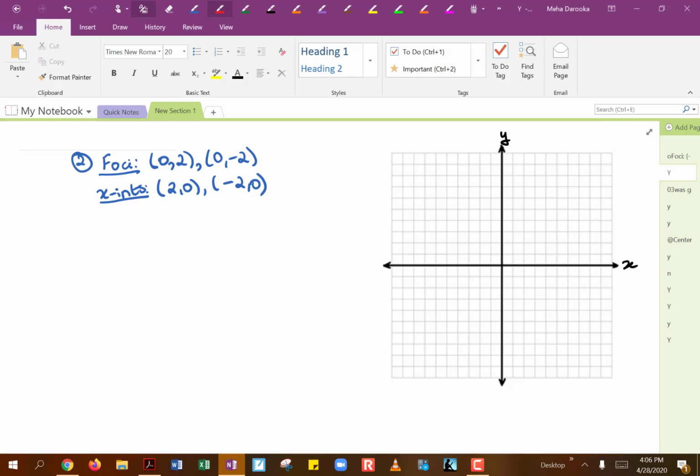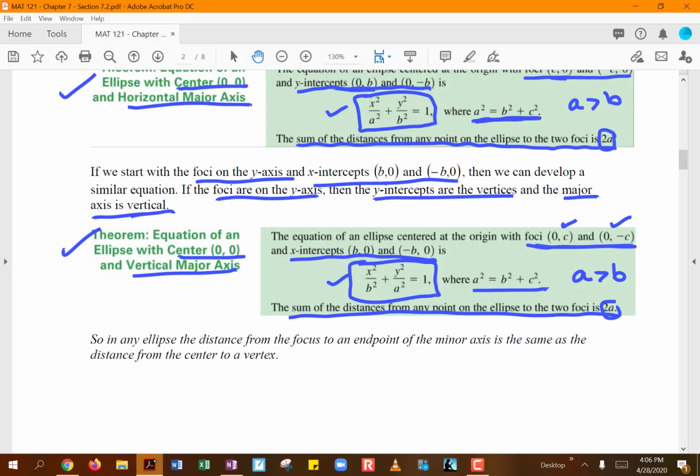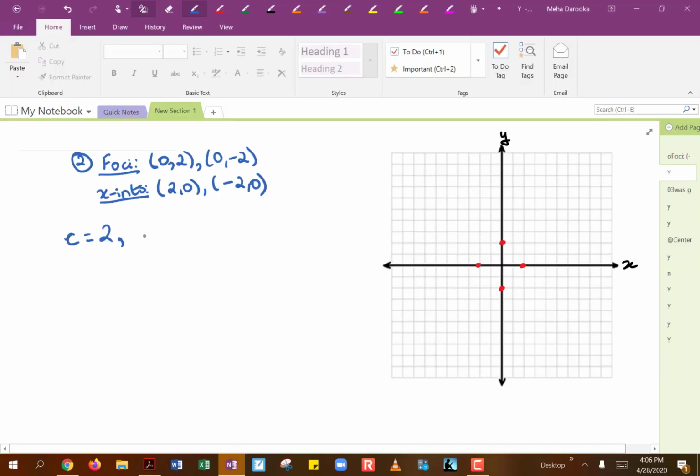So let's take a look at this example here. Again, your foci are at 0, 2 and 0, negative 2. Our x-intercepts are at 2, 0 and negative 2, 0. So again, the foci give us the c variable, and we're just looking at the positive numbers here. So c equals 2. The x-intercepts, as you can see here, give us the b variable.